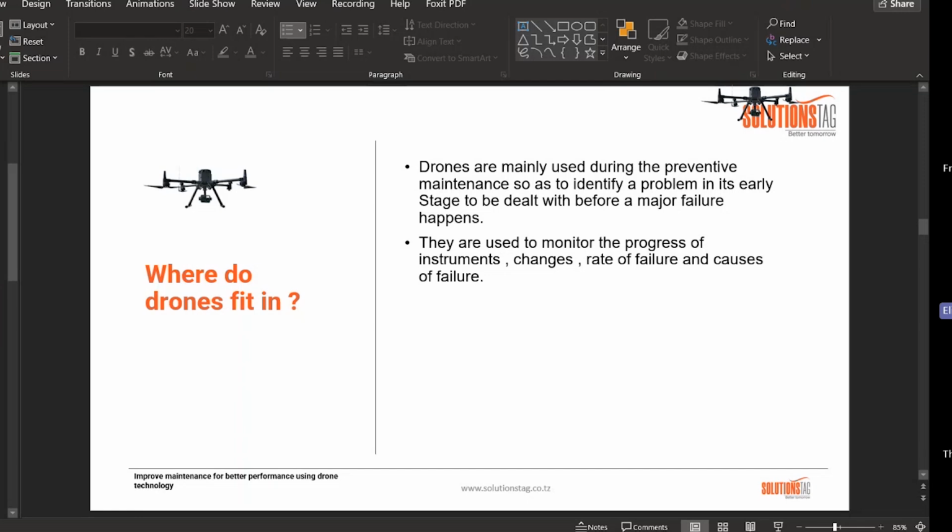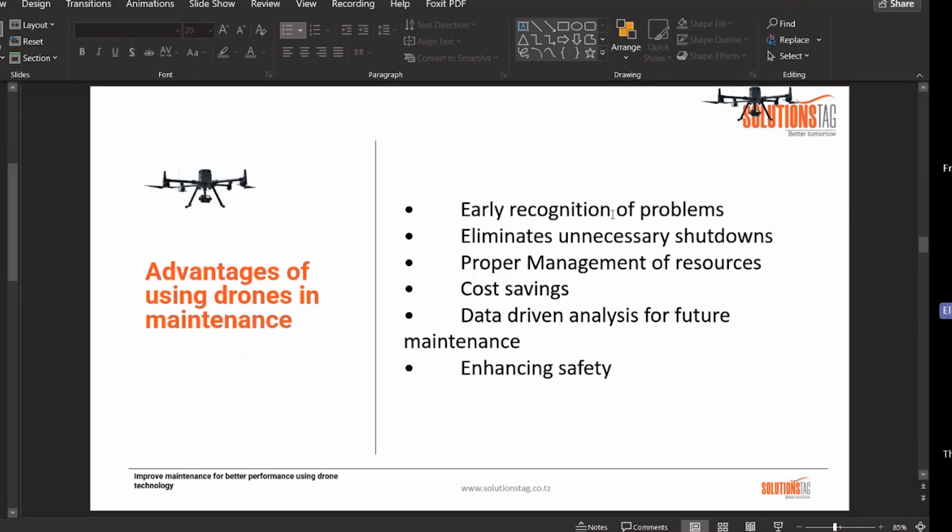For example, through the thermal camera, you can see some sort of leakage or welding failure, even at a very early stage. We also have the sniffers, which can detect any form of leakage in a system, maybe gas leakage. So using the drones and the sensors, you can detect problems early, in their arising stages.